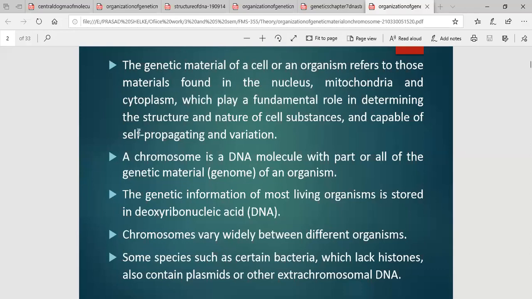In eukaryotic cells, DNA is compacted and stored in chromosomes. A chromosome is a compacted structure containing a DNA molecule.